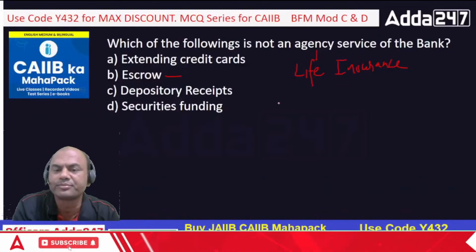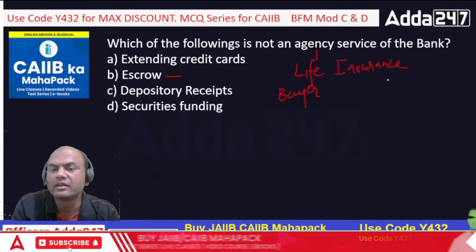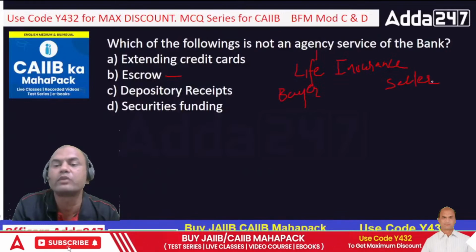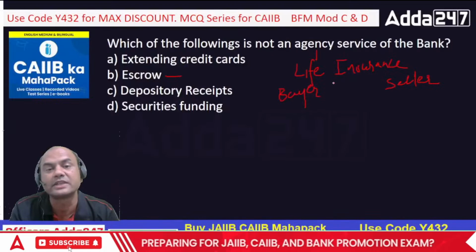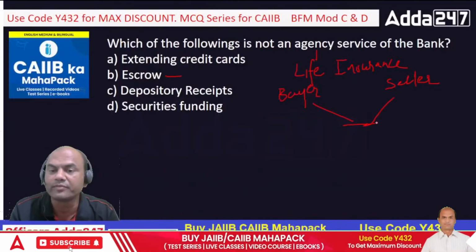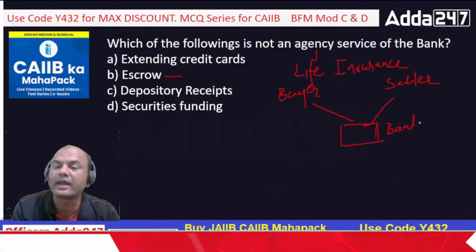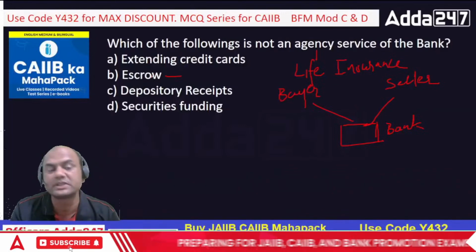See this, buyer and seller. These two are not confident of each other. The seller is not confident the buyer will pay, and the buyer is not confident the seller will send the right goods. So they open a joint account in the bank, and then the bank acts as a broker, a middle person. So here also agency services do act.